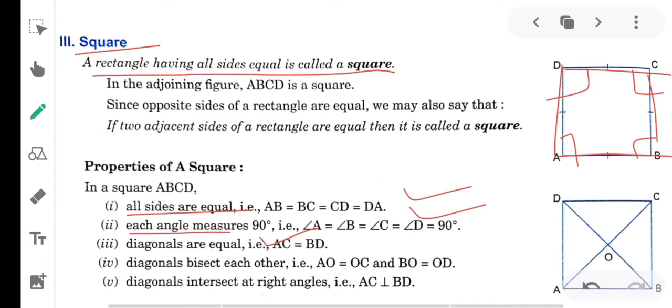Diagonals are also equal. That means AC equals BD, and diagonals bisect each other, and diagonals intersect at a 90 degree angle. This is important. That means angle COD equals 90 degrees, or COB also 90 degrees. AOD is 90 degrees, and AOB is also 90 degrees. Clear?